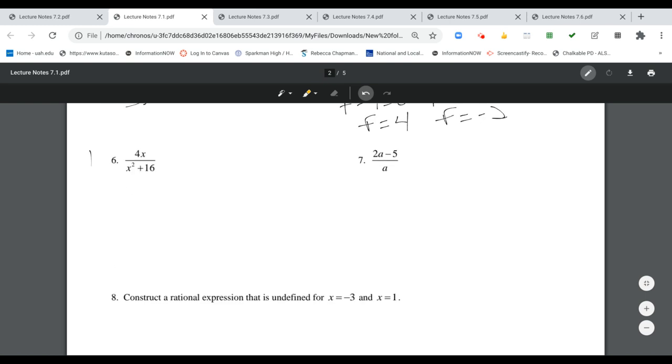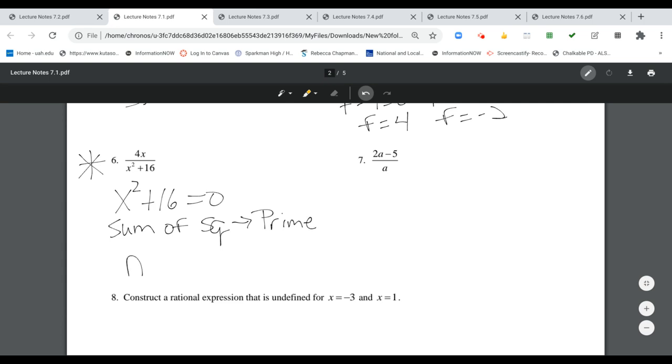Now, number 6 is special because x squared plus 16 equals 0. This is a sum of squares, and it's prime. You cannot factor it. So therefore, you have all real numbers, meaning that there are no restrictions.